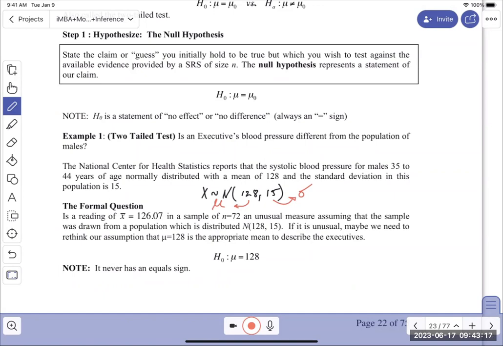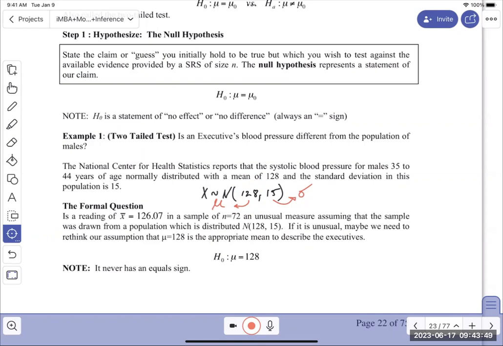So in other words, we're going to use the status quo number, 128, and hypothesize that male executives have the same systolic blood pressure, but then look for evidence that it isn't the same, that it's different. Now, I don't know if it's higher or lower. Presumably we'd think it would be higher because of the pressure, but we're just going to look for a difference.